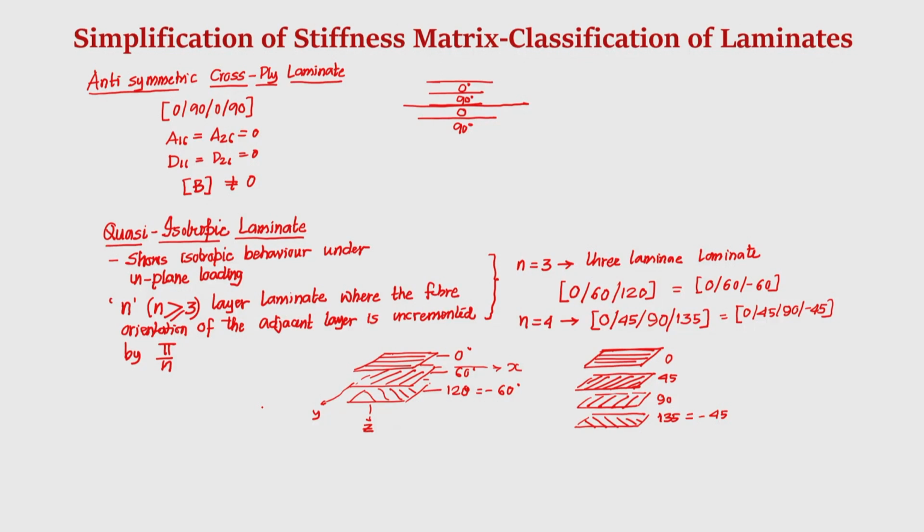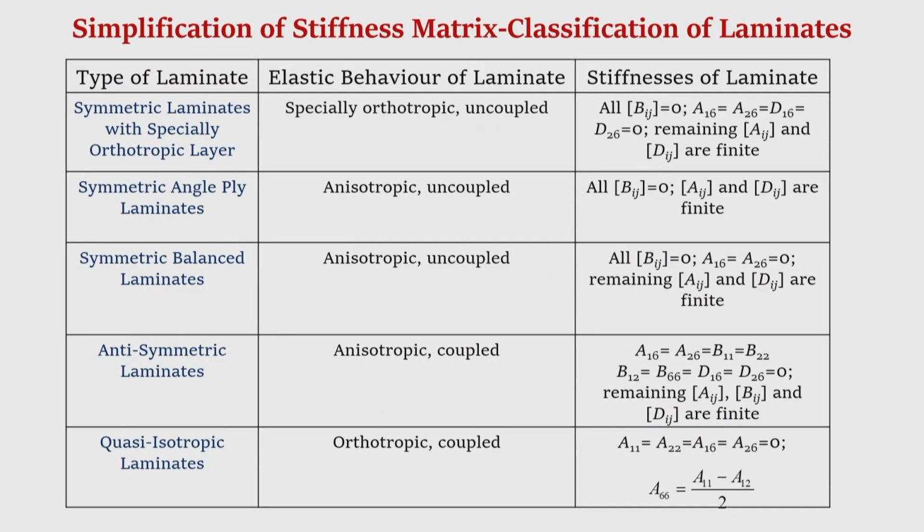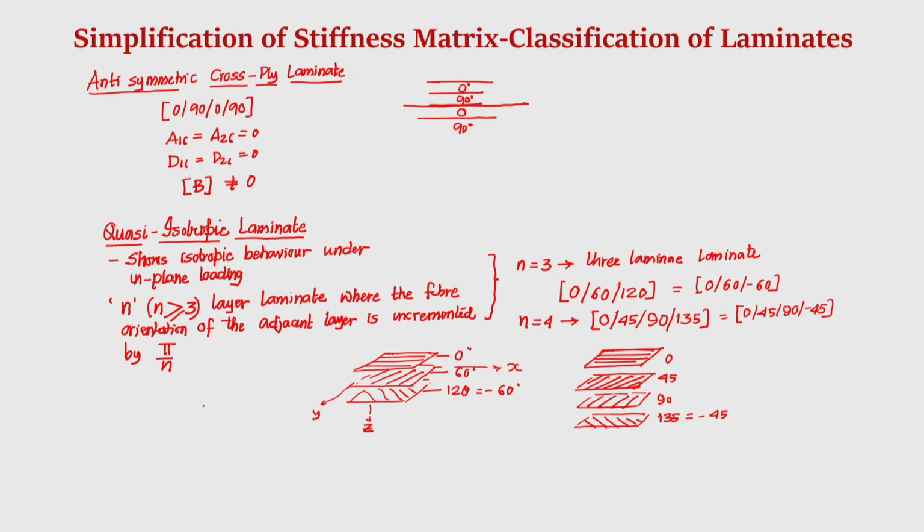So, what happens if it is a quasi-isotropic laminate? For this type of laminate, it could be shown that the A matrix becomes A11, A12, 0, and A22 is equal to A11, A26 is 0, and A66 is A11 minus A12 divided by 2.